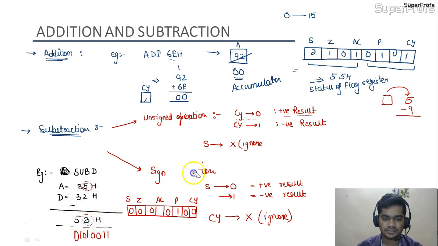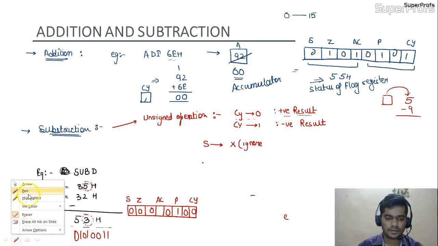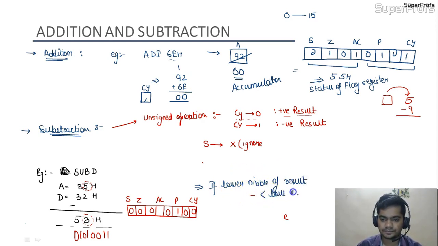I hope you have written this point. If the lower nibble of the result is less than the lower nibble of the accumulator, then the carry or auxiliary carry flag would be 1.